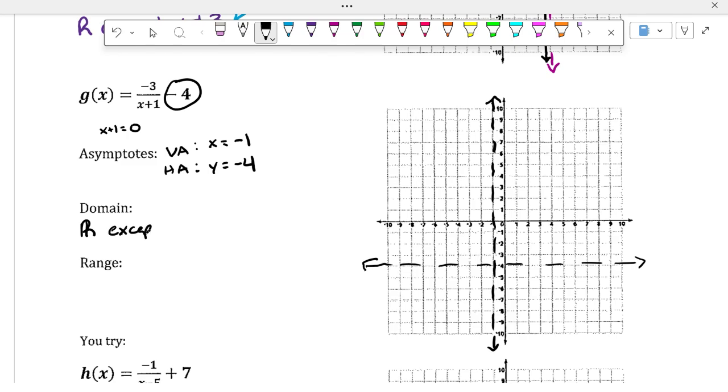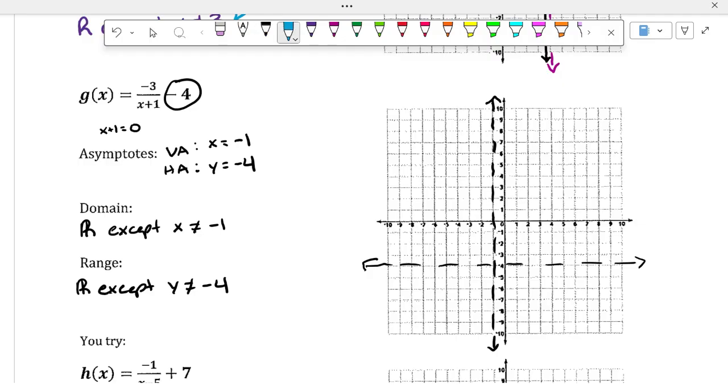Except x cannot equal what? -1. Good. What's the range? Someone else. What's the range? Right, all real numbers except y cannot equal -4.